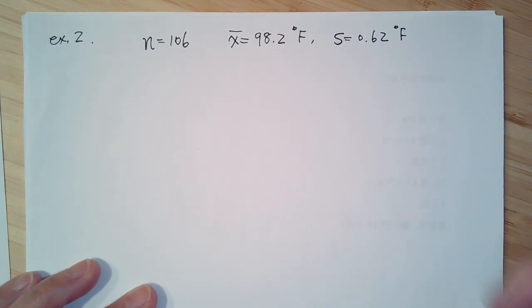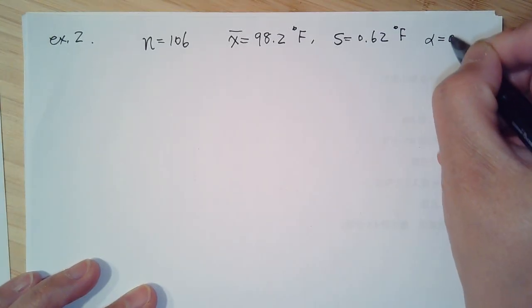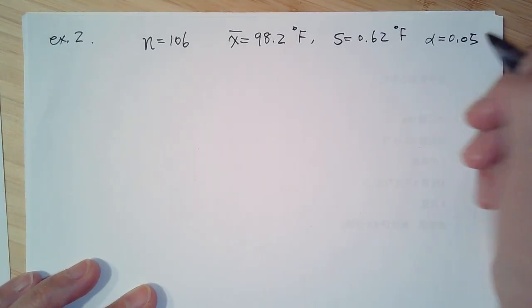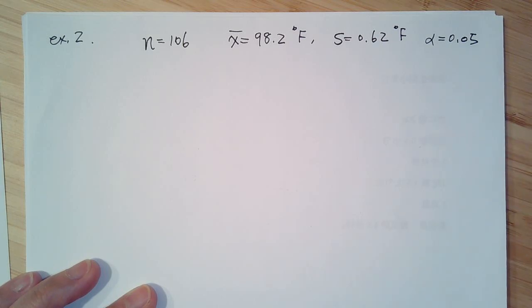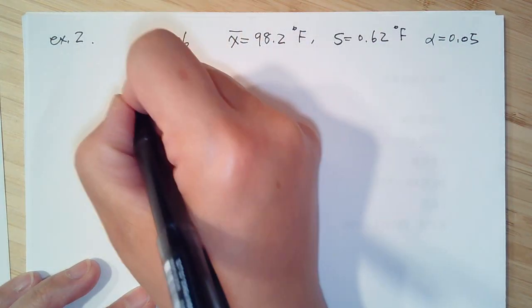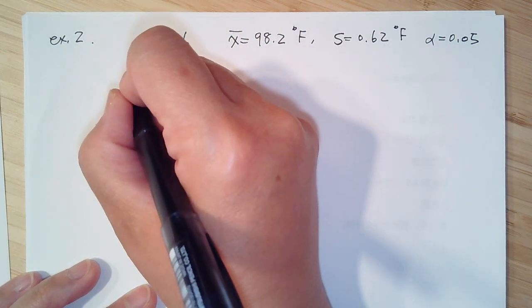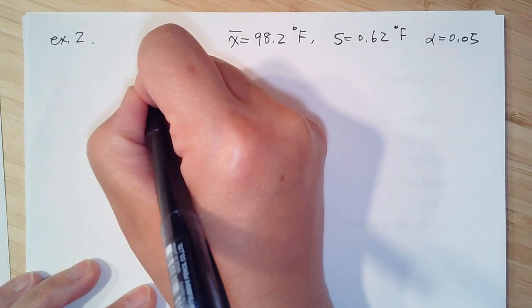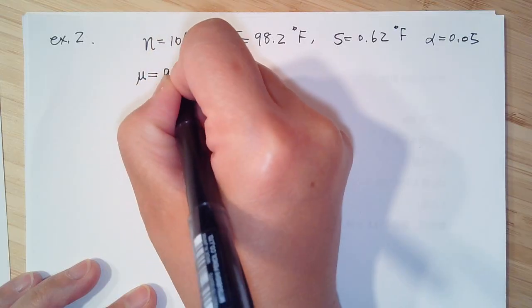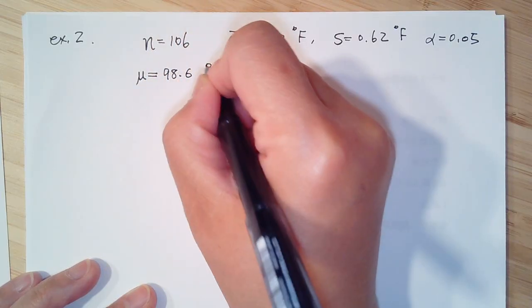Okay, and I'm going to ask you to use 0.05 to test the common belief that the population mean is 98.6. So the common belief, that's a claim. The common belief means mean equals 98.6, isn't it?